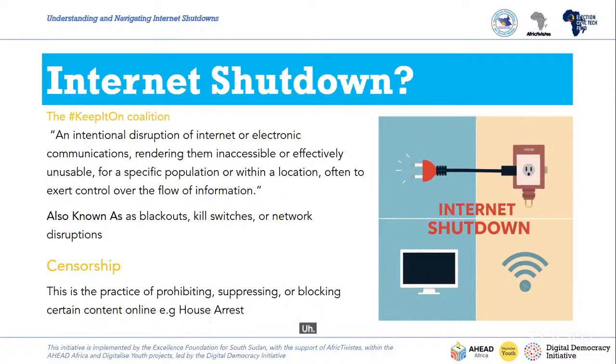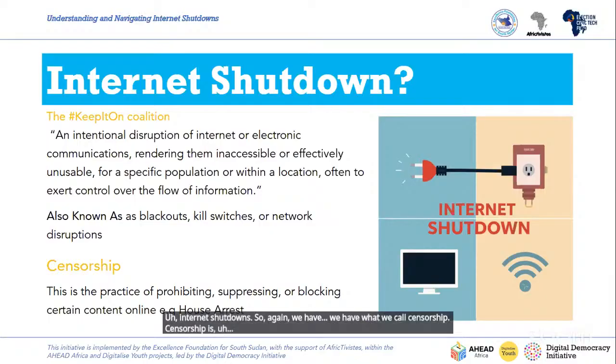So again, we have what we call censorship. Censorship is sometimes used interchangeably with internet shutdown, but it is also different. Censorship is basically when some parts of the internet, or some content on the internet, is blocked.